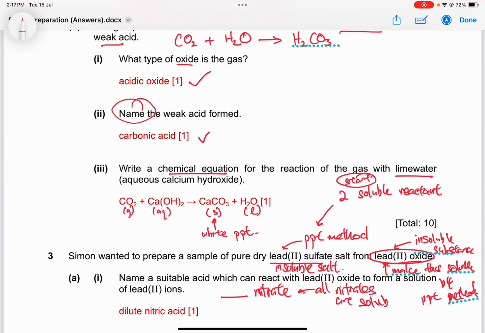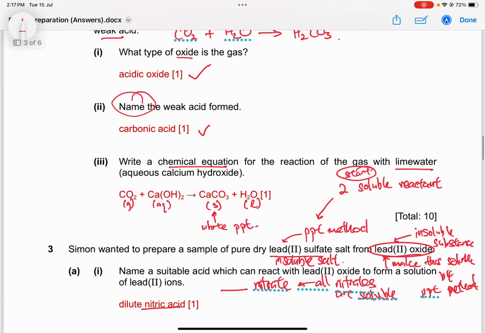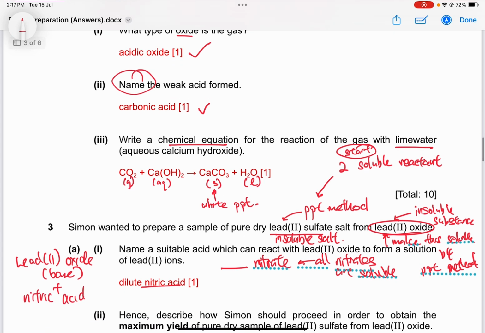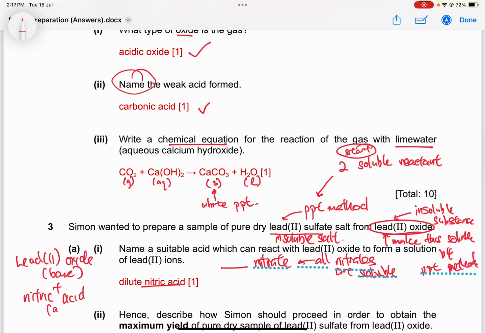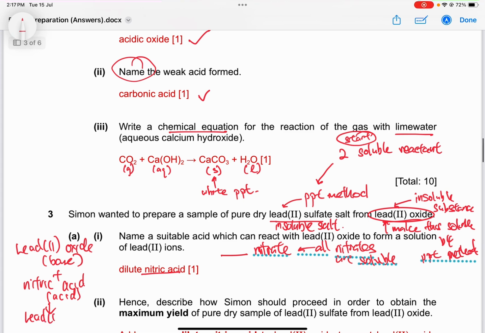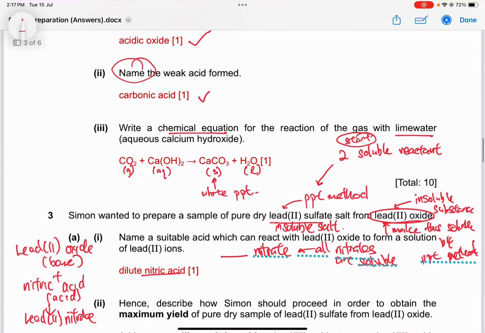Therefore, I will use nitric acid, because lead 2 oxide is my base. It can react with nitric acid, which is an acid, to give me my salt, lead 2 nitrate. Once I get my lead 2 nitrate, life will be easier.